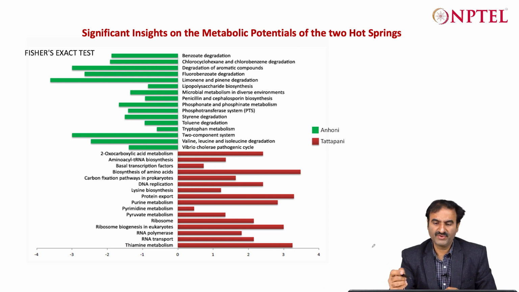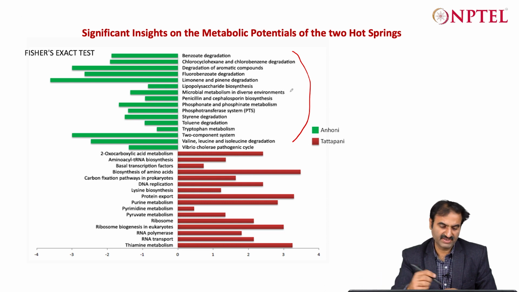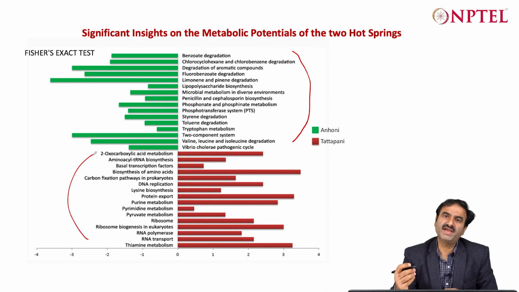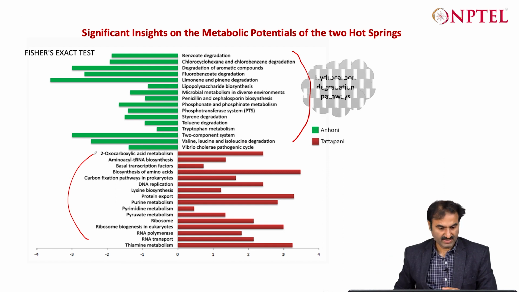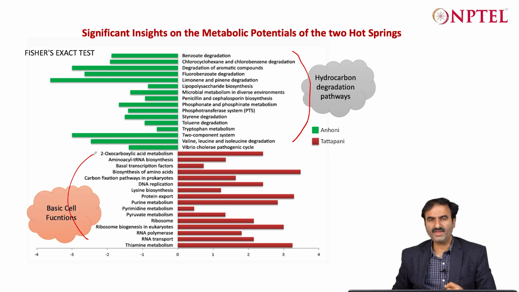Okay, so you can see that in the Anoni site there were abundant species involved in hydrocarbon degradation, whereas in the Tatapani site, which was a very high temperature site, most of the functions the genomes were doing were mainly for their own survival, that is DNA repair, amino acid synthesis, DNA synthesis and like that.